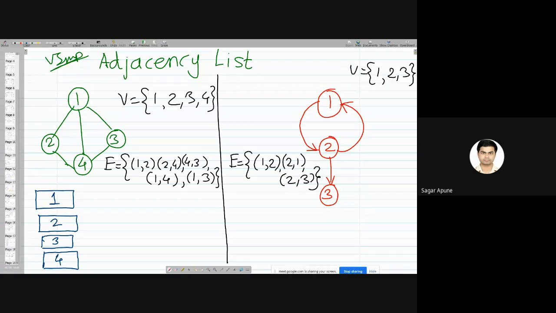Okay, now connect them together. From vertex 1 we can reach how many nodes? 1 to 2, 1 to 4, 1 to 3. So write it down as 2, right?